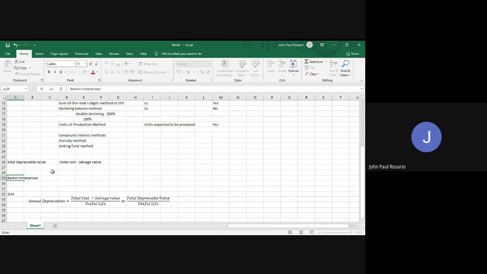So Barton Enterprises purchased a computer system for 90,000.